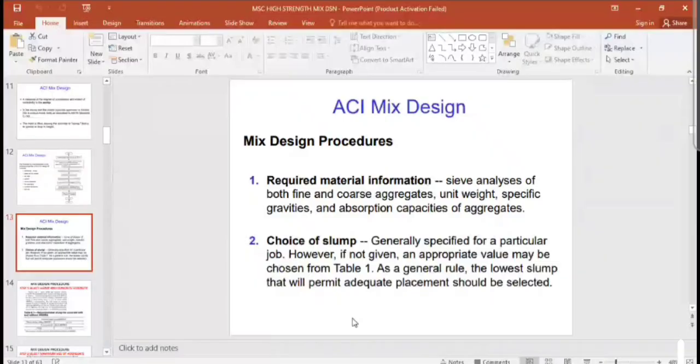Either our strength is greater than 9,000 psi, or lesser than 9,000 psi. The slump value is given in table 6.1 of your ACI 211.4R. So we use 1 to 2 inch slump for concrete made without high range water reducing admixture. So two kinds of slumps we have, and we can choose these slump values right at the start.